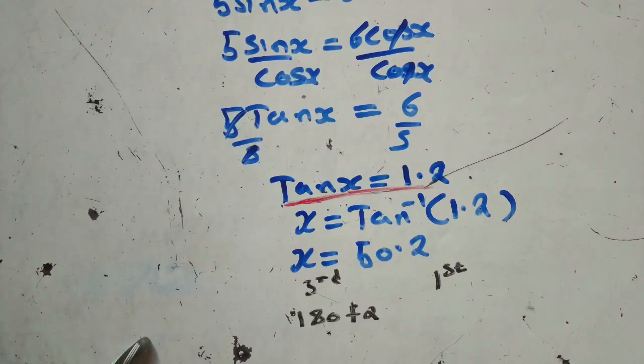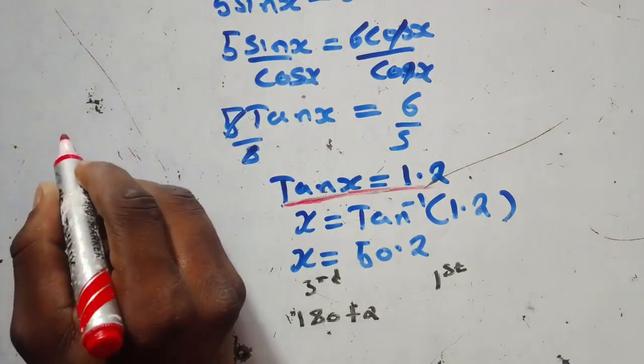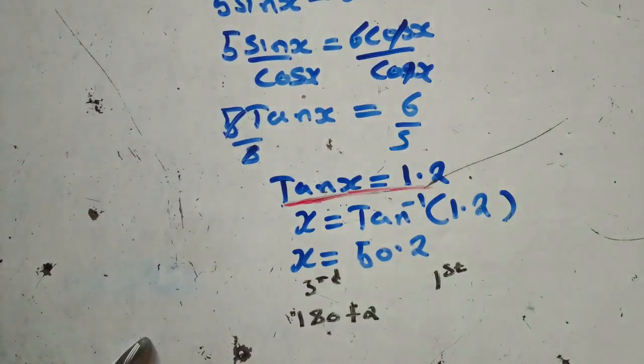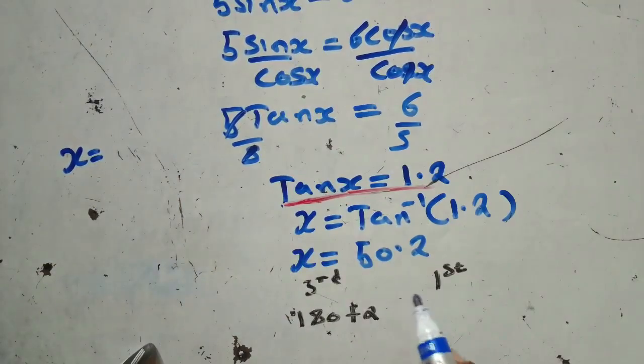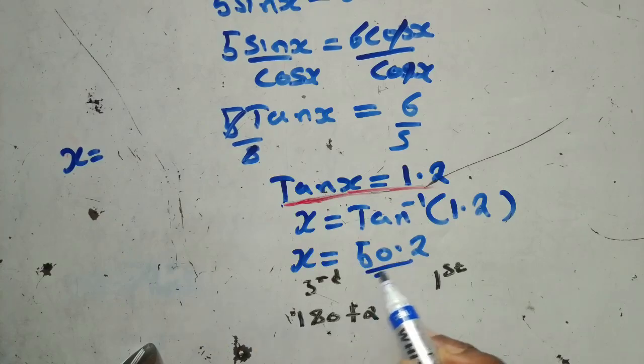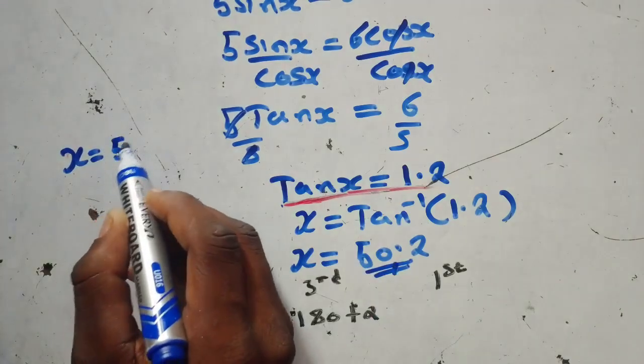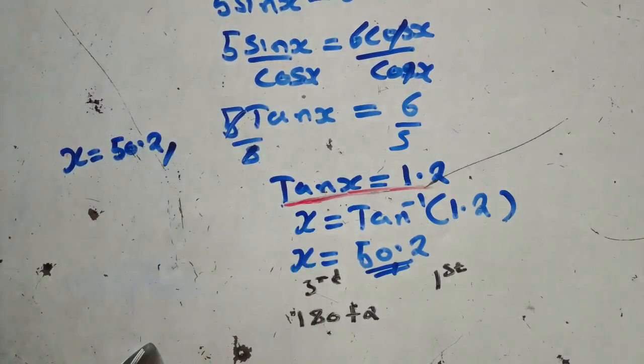So x is equal to, we have said that it's positive in the first quadrant, so in the first quadrant we get 50.2, or in the third quadrant we just add 180 plus 50.2.